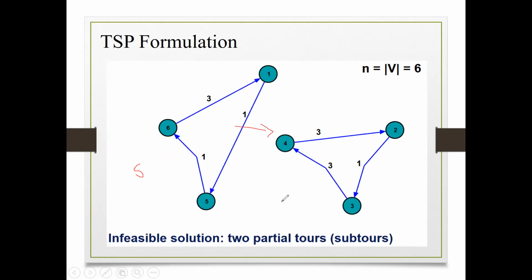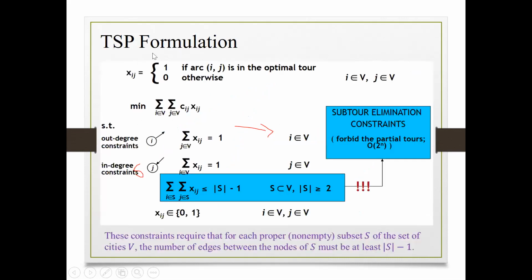Is it clear? So the DFJ constraint, or the subtour elimination constraint, tells us that there should be a connection for every S.